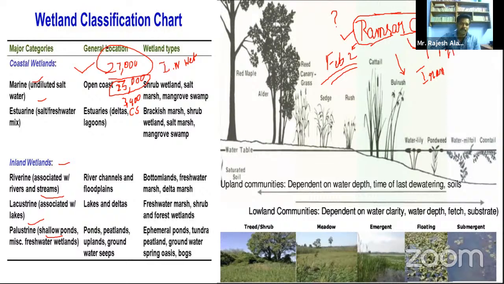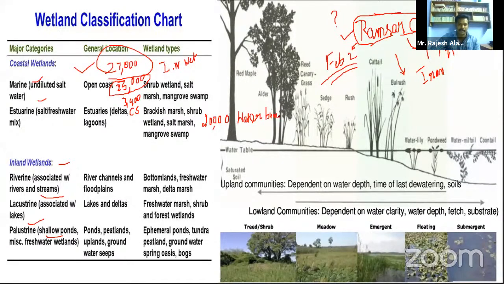If a wetland among these 27,000 wetlands has to be given the status of international wetland, then it has to support at least 20,000 water birds. A minimum of 20,000 water birds.